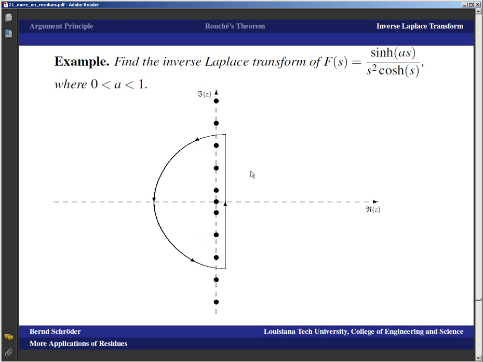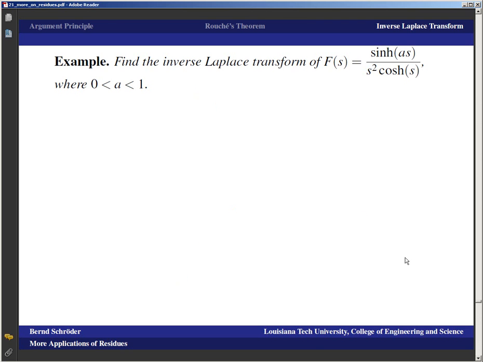And then if we make that contour larger, and if we can somehow convince ourselves that these integrals over the circles go to 0, and that's going to be rather nasty, if we can do that, well, then in the limit we get the integral over this vertical line, and that's the integral that we're actually interested in by the inversion formula for the Laplace transform.